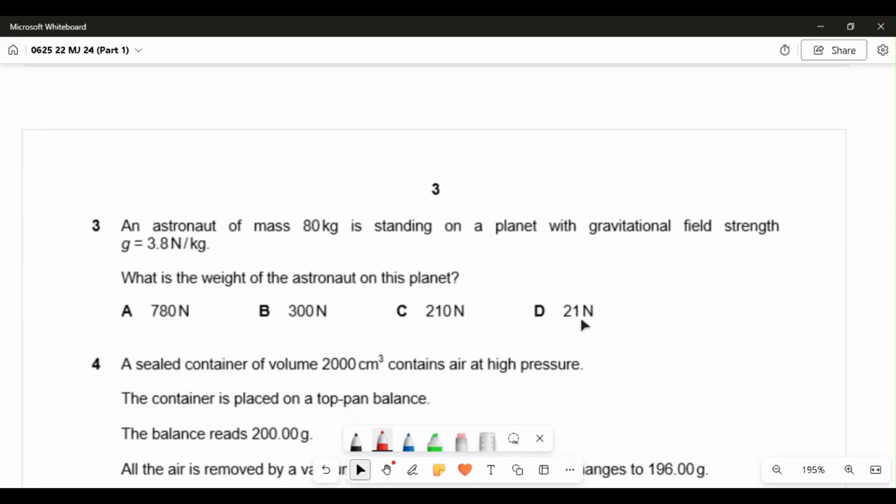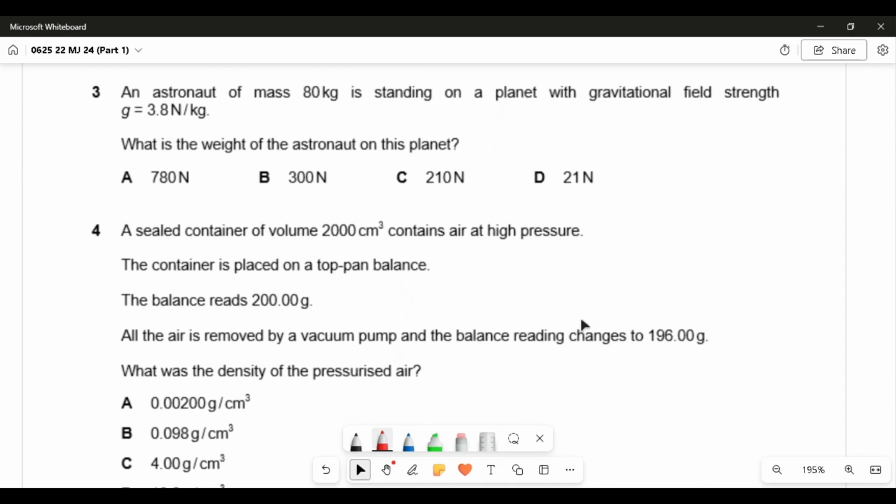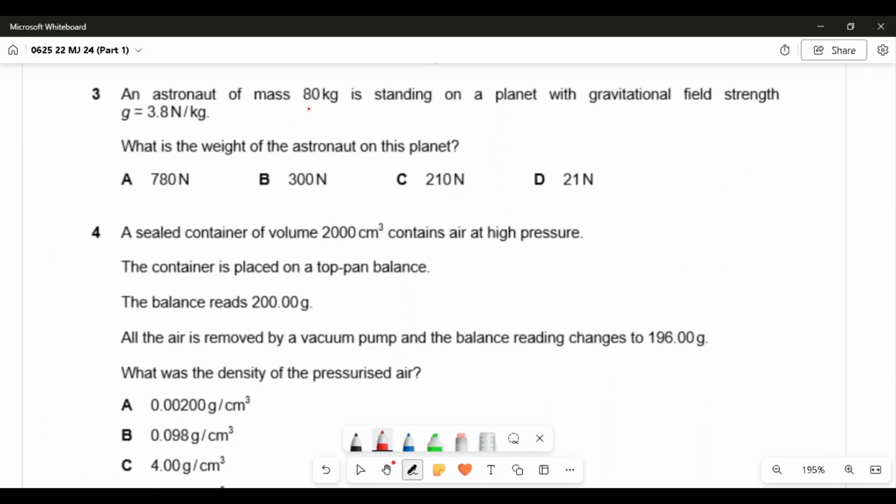Question number 3. An astronaut of mass 80 kg is standing on a planet with a gravitational field strength of 3.8 newton per kilogram. What is the weight of the astronaut on the planet? For the equation of weight, we know that weight is represented by W, and W is always equal to mass m times the gravitational field strength g.